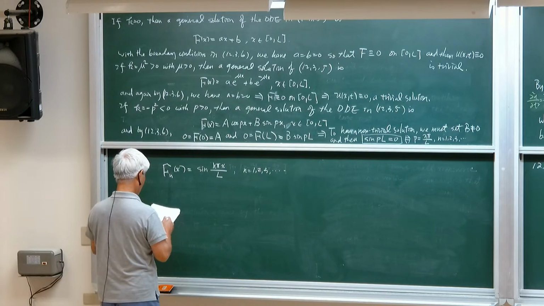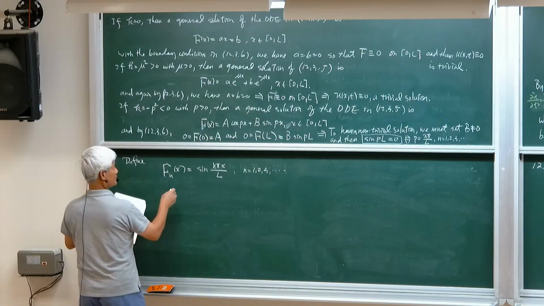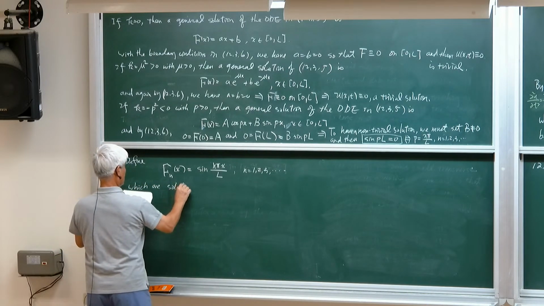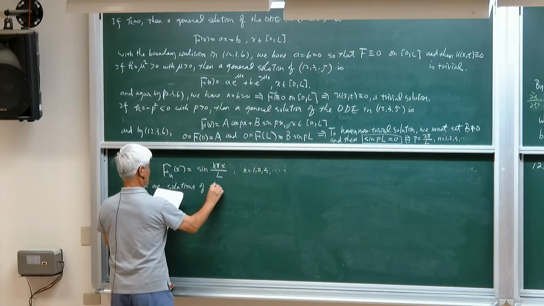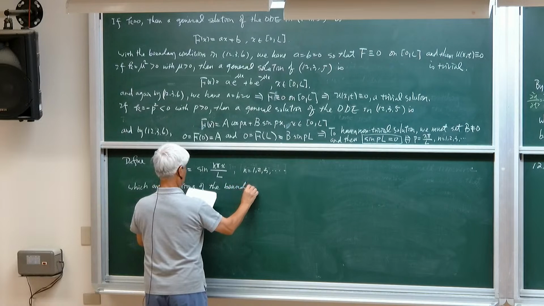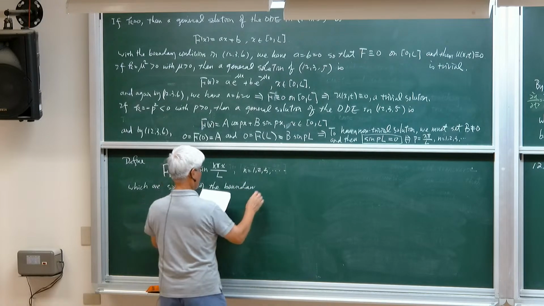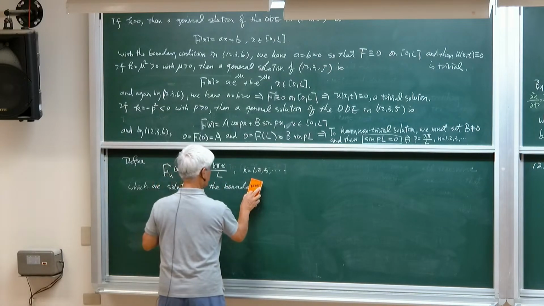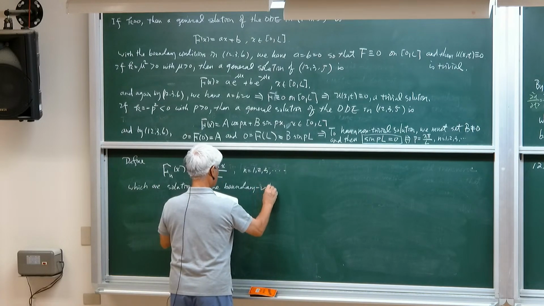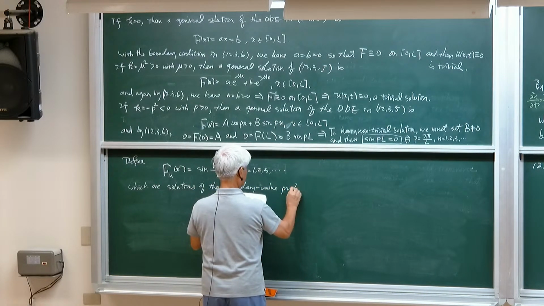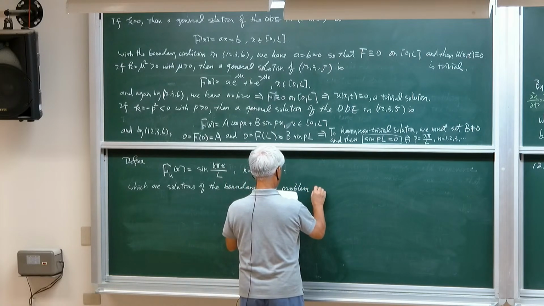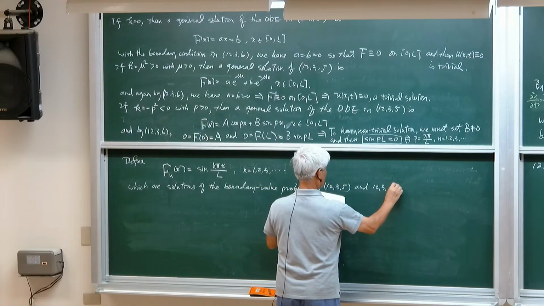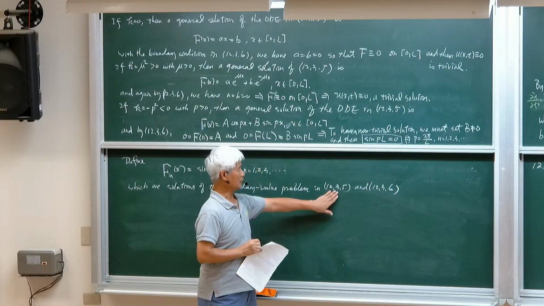So we define f sub n, which are solutions of the boundary value problem in 2.3.5 and 2.3.6. The ODE is here, and we put boundary conditions there.